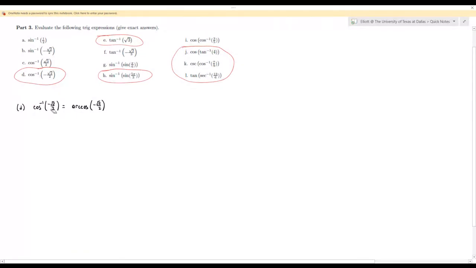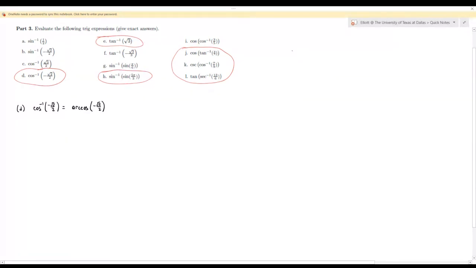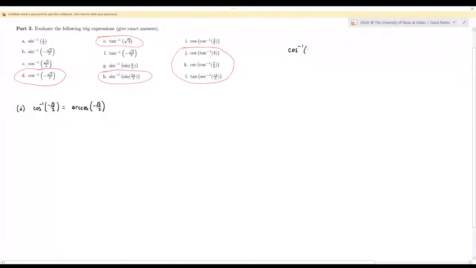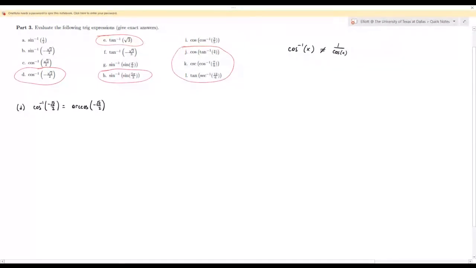Those are the same things, okay? And worth noting, because I see this a lot, cosine to the -1 is actually not the same as 1 over cosine. So whenever you have a trig function to the -1 like that, you should never interpret it as the reciprocal, okay?